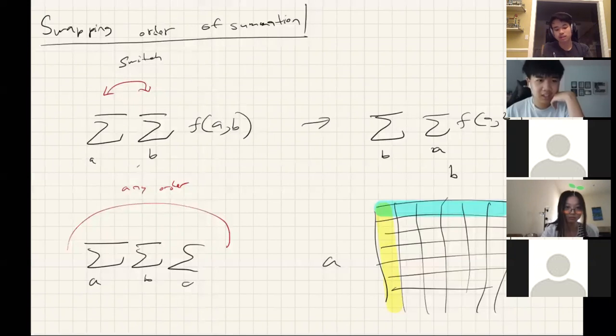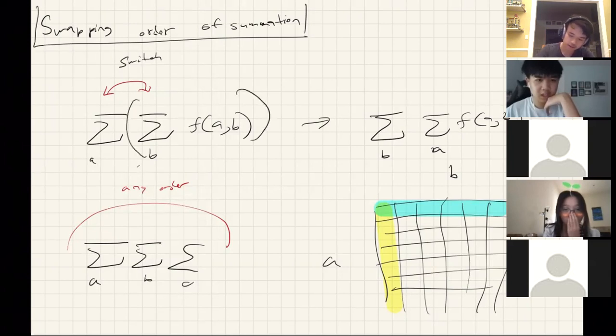So the next thing that I'm going to talk about is swapping the order of summation. Something that comes up quite a lot in nested sum problems is swapping the order of summation. Essentially, this happens if you treat what's inside as a function of a.